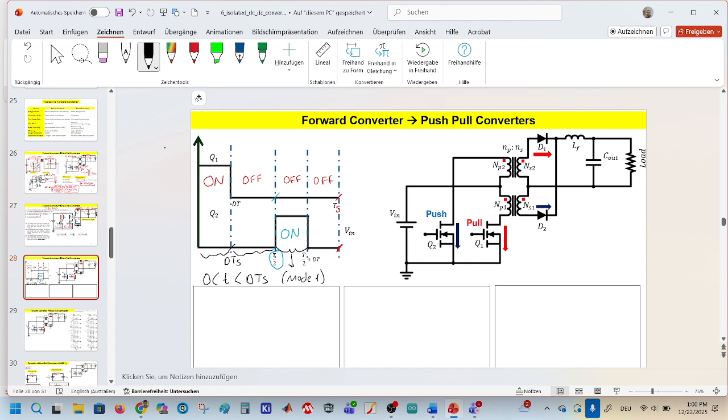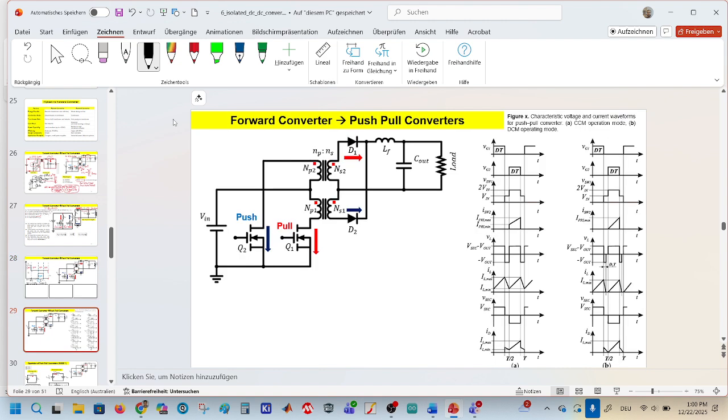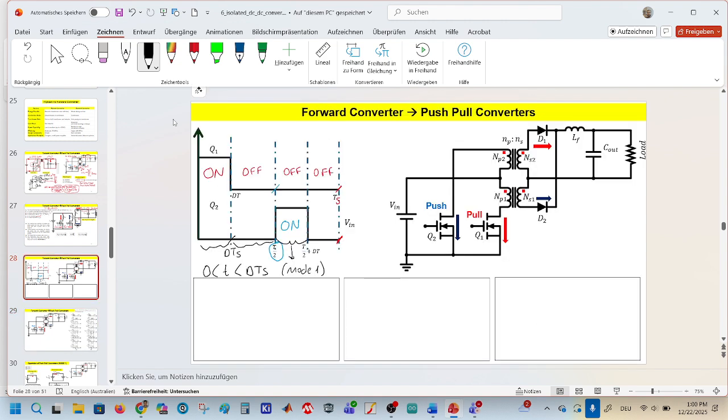And for mode 3, let's show it here. This would be the time period from DTS to the half of the period, or this time of period. We can write both of them.